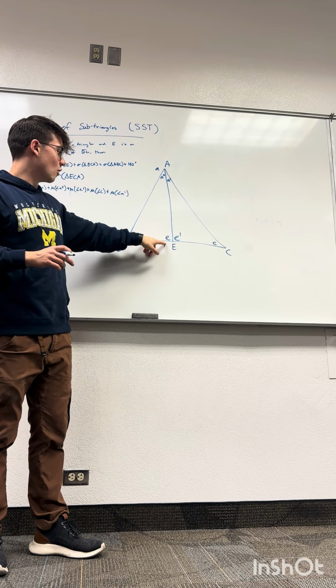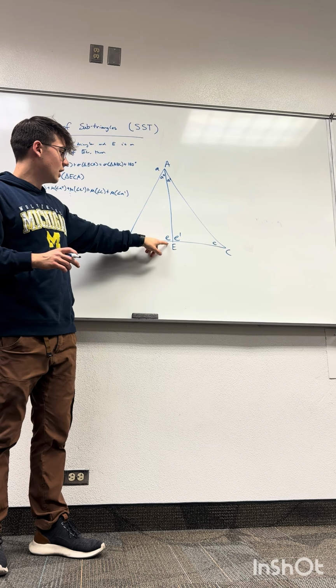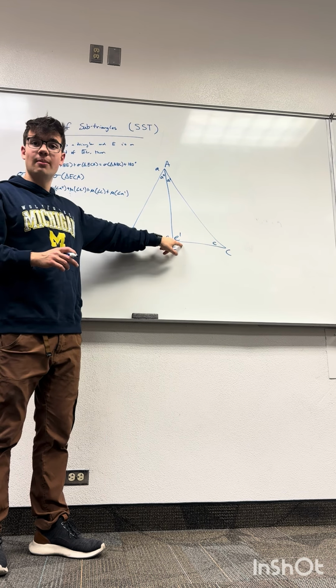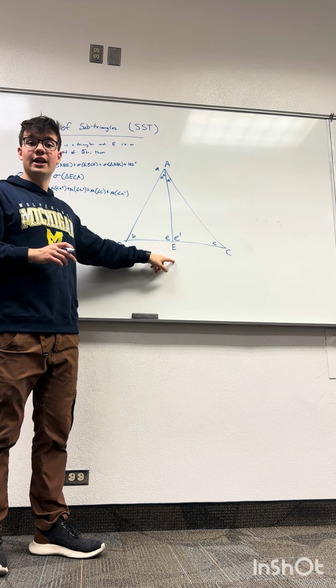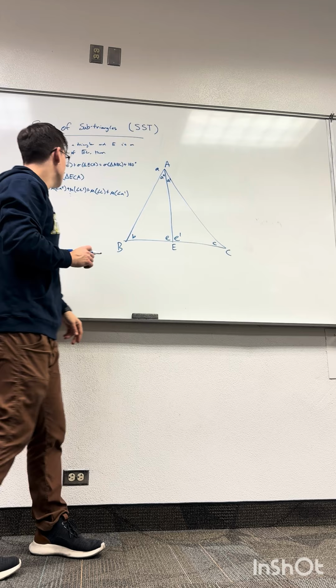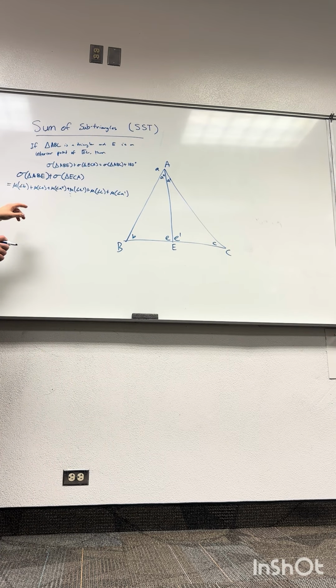We also know by linear pairs that E plus E prime equals 180 degrees, since the line BC is 180 degrees, and these two angles divide that 180 degree line. So we have here E and E prime.